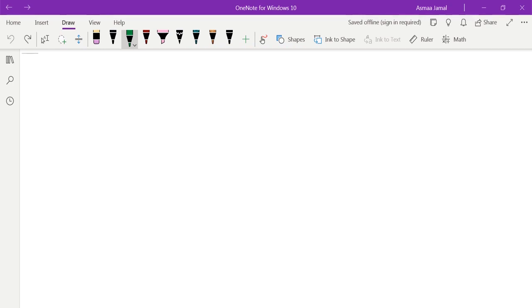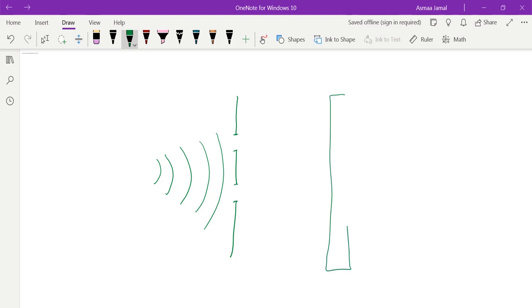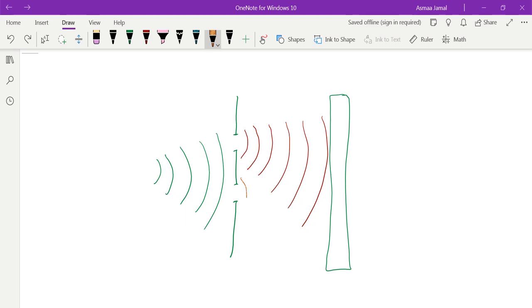If you notice in Young's experiment, when the waves of light pass through those gaps or openings, the waves coming from the first gap overlap the waves coming from gap number 2.